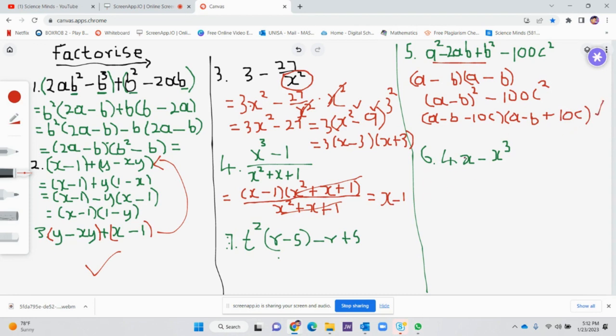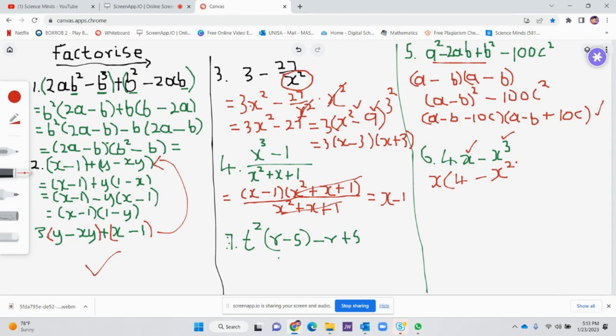Okay, let's look at this one. There's a common factor. We always start with a common factor. There's a common factor x there. There's a common factor x there. So we're first going to take out our common factor. So 4x divided by x will be 4, minus x cubed divided by x is going to be x squared.